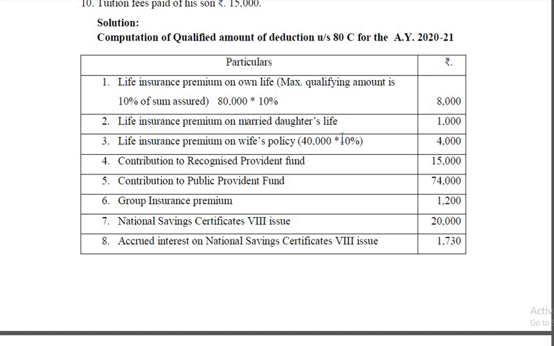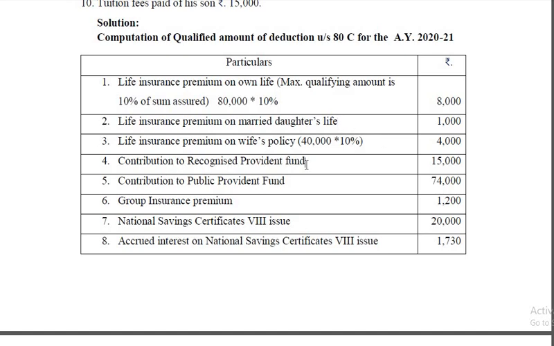So though the amount paid is 1,500, what is paid is qualified because actual amount paid or 10% of sum assured, whichever is less. LIC premium on wife's policy, 4,000 is to be taken, 10% of 40,000.